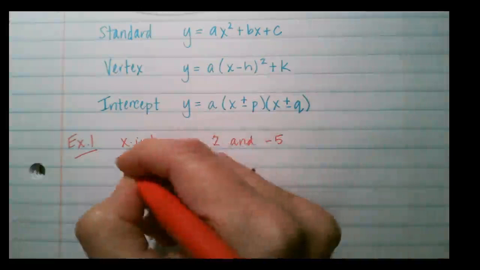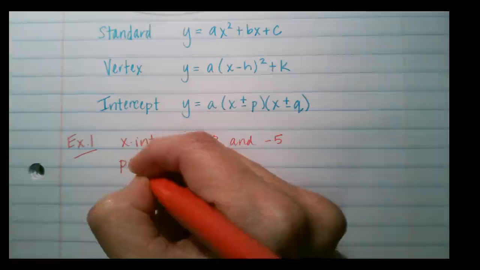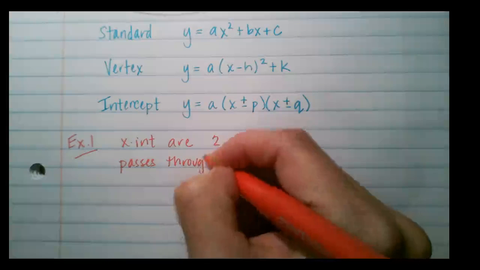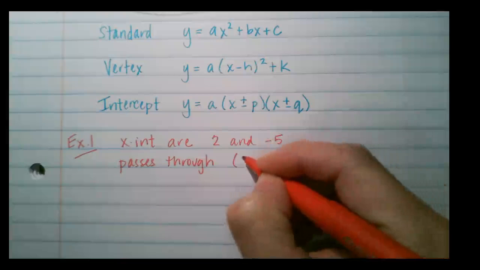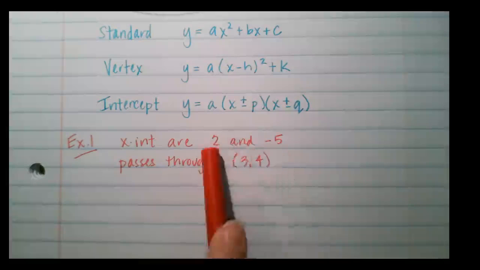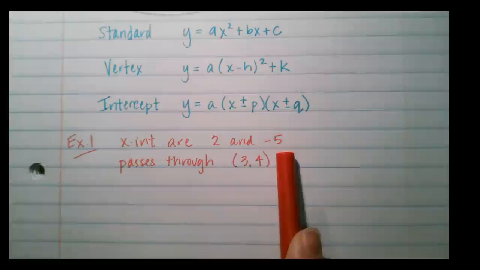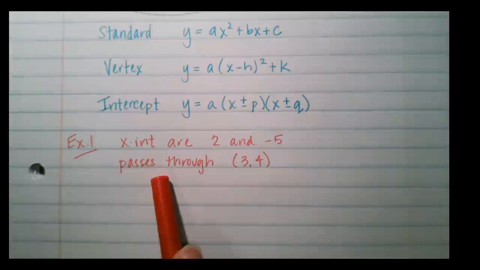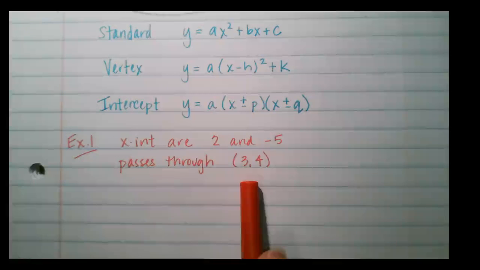And then I'm going to tell you that the parabola passes through the point 3, 4. All right, so what's happening here is I know those are my x-intercepts. So that's where the parabola hits the x-axis. And then I know that the parabola passes through this point.